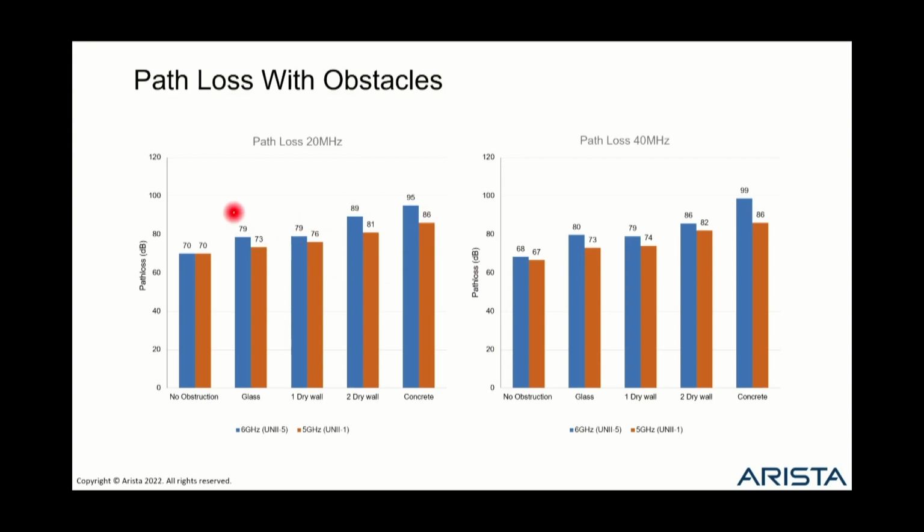The interesting aspect is that, at least in the initial findings, the difference is less pronounced when it's just one drywall, but as you go to 2 drywalls or concrete, meaning as the obstacle gets thicker, the difference starts to matter a lot more. So you see 7, 8, 9 dB differences for thicker obstacles. But for just one drywall, it's about a 3 dB difference.